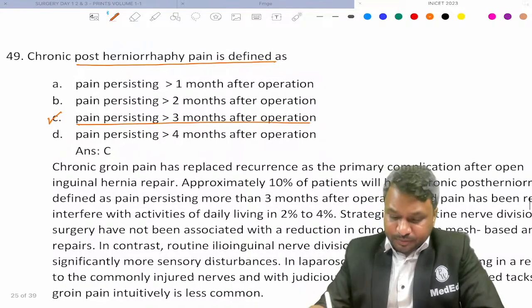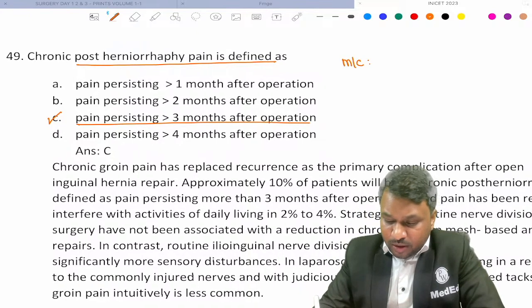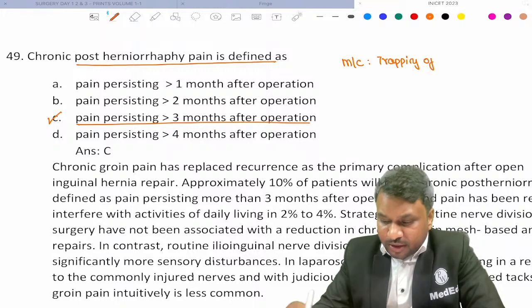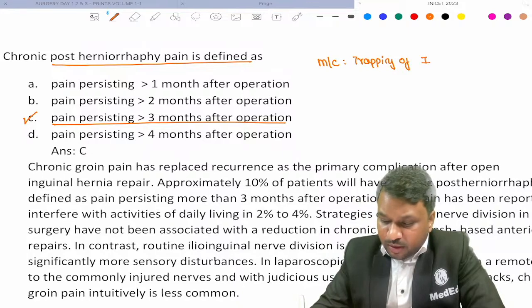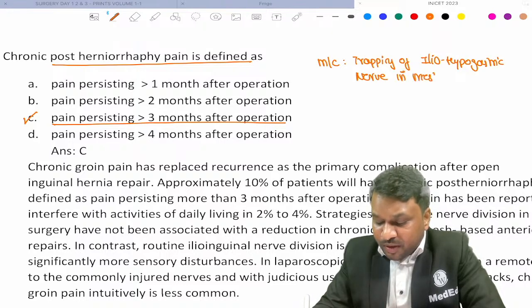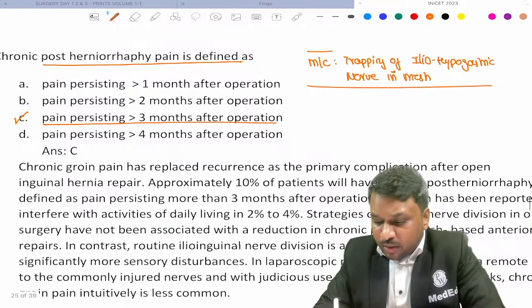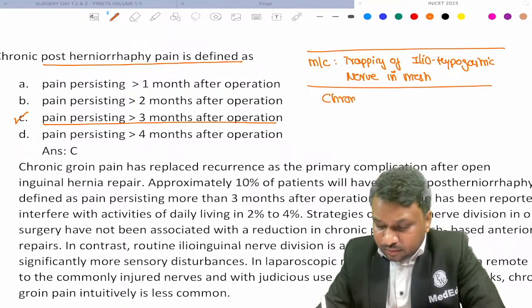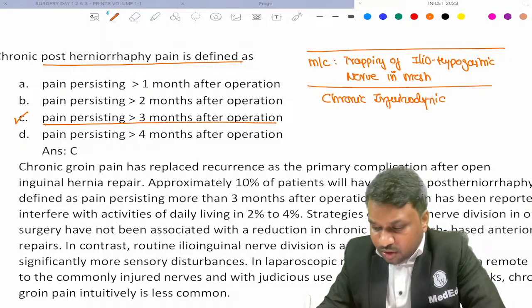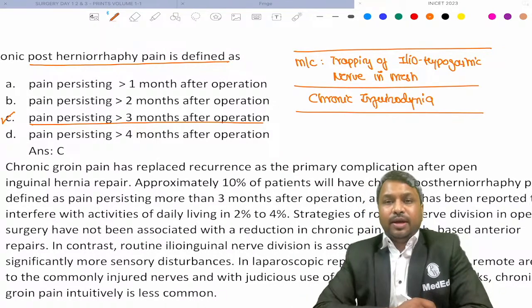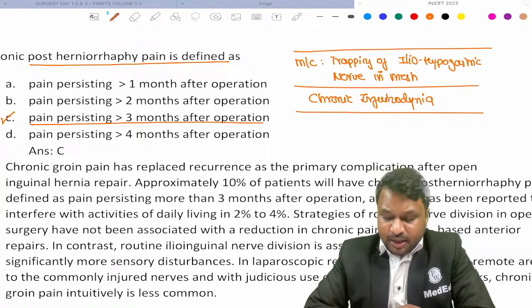Remember, it is most commonly because of trapping of the iliohypogastric nerve in the mesh, also called chronic inguinodynia. That is the most common nerve trapped, the iliohypogastric.